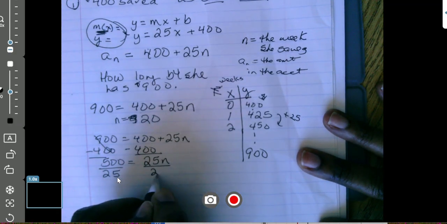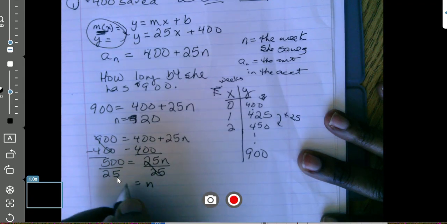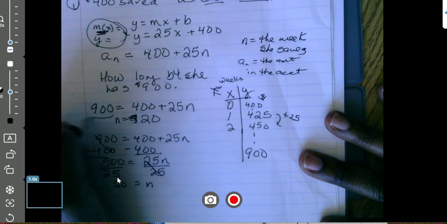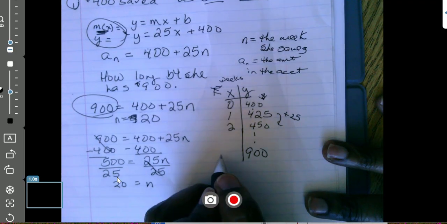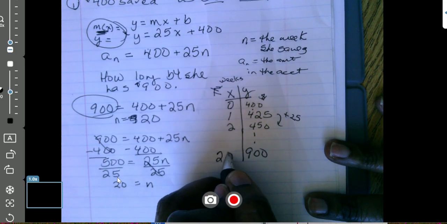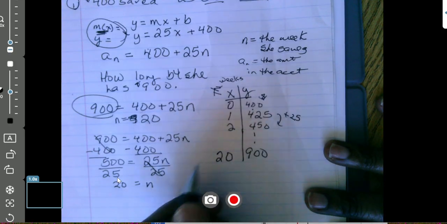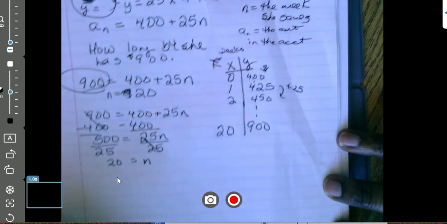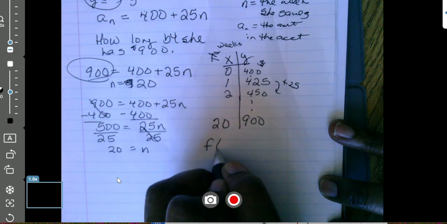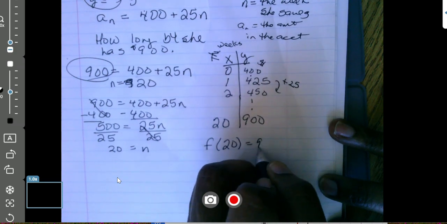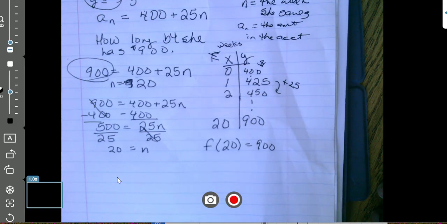That means it is going to take her 20 weeks to have $900. So when n is 20, you get 900. So you should understand f of 20 is 900. Let's move on to question number 2.